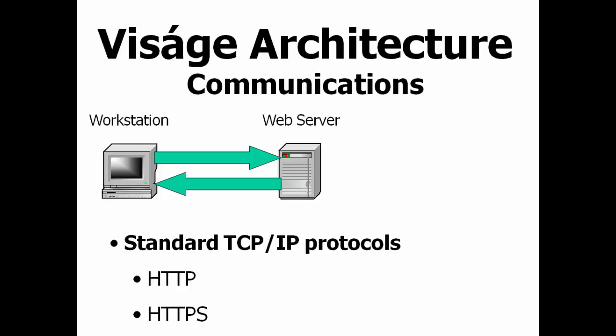With Visage, and with anything that is using this multi-tiered architecture, to an extent, the client machine plays a big part in the actual performance experience that a client will see, because there is now processing taking place, there are scripts being executed.